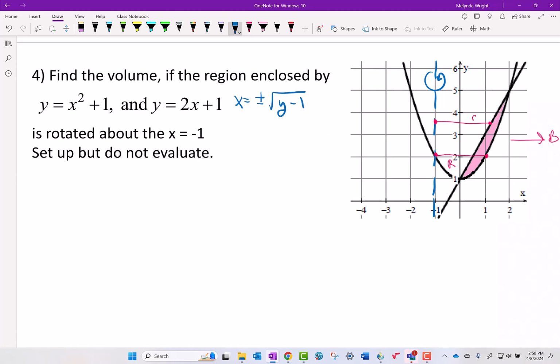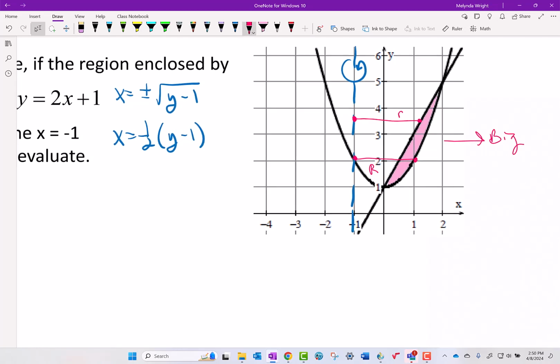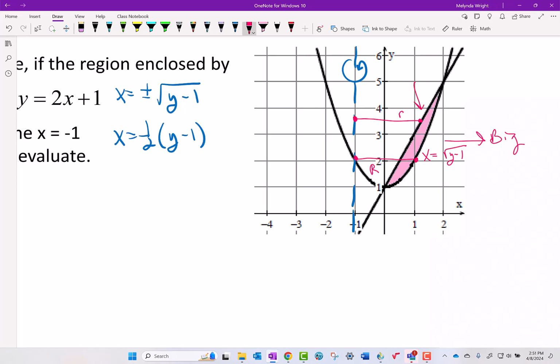And for the line, we got x equals 1/2 times y minus 1. Okay, those were the equations when we solved for x. So let's list those over here. This one is x equals the square root of y minus 1. And that line right there is x equals 1/2 y minus 1. And then this is x equals negative 1.